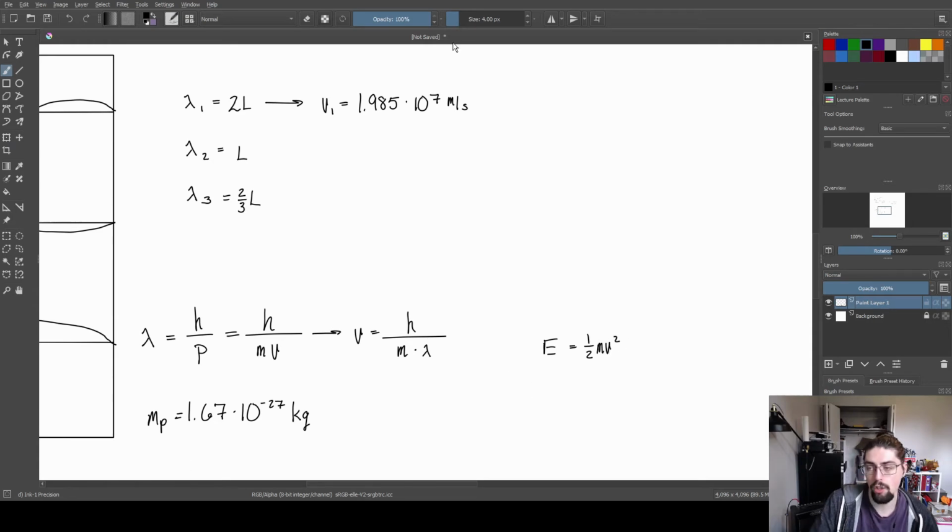We've got the mass of the proton, and we have just solved for the velocity. If I plug all of this in, I land that E1 should be equal to 3.29 times 10 to the negative 13 joules, or 2.054 times 10 to the 6th electron volts, 2.054 mega electron volts.